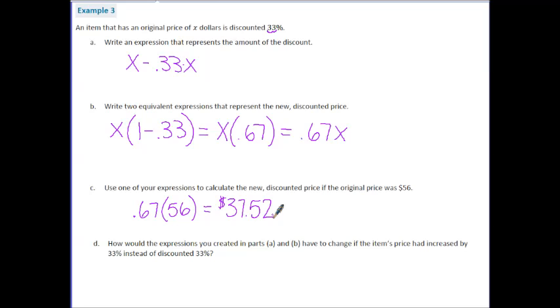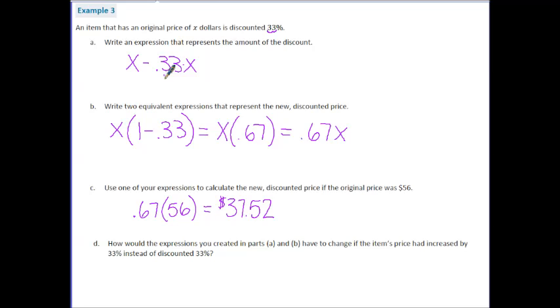And notice that's a lot less work than having to take the cost of the item, multiply it by 0.33, and then subtract that from the original cost of the item. So it's much simpler if you can think ahead and think about what percentage you're actually paying for. If it's discounted 33%, we're paying 67%, because 100 minus 33 is 67.